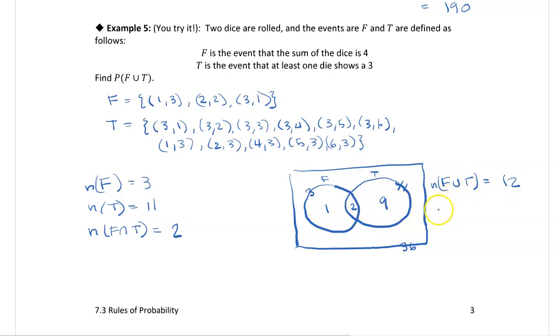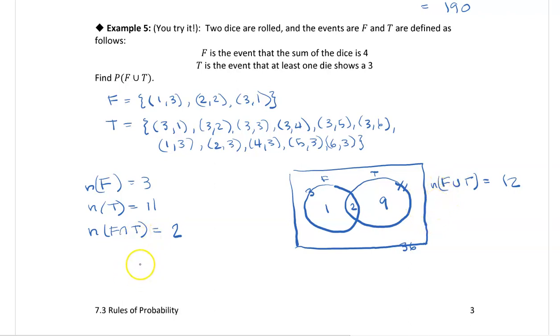So we're asked to find the probability of either one of these events occurring. Either the sum is a 4, or at least one 3 is showing. So we're actually looking for the probability of the union of these two sets.